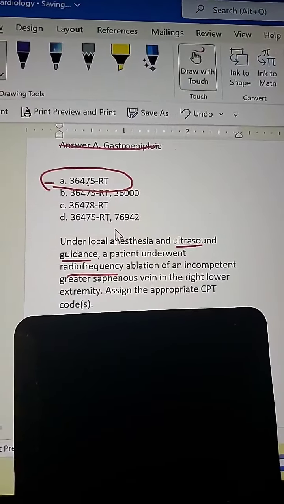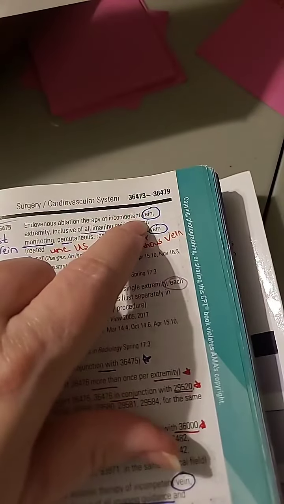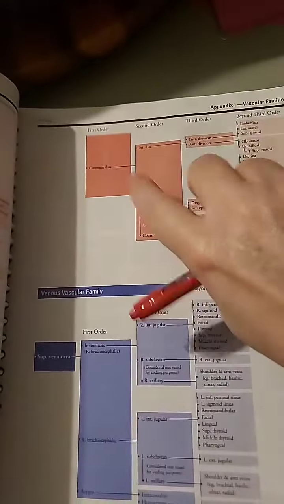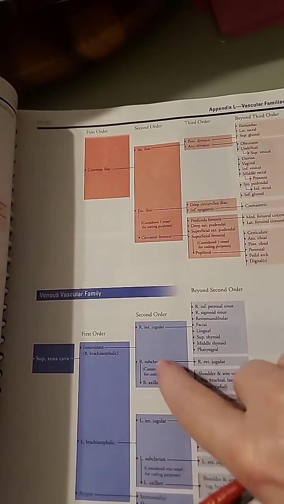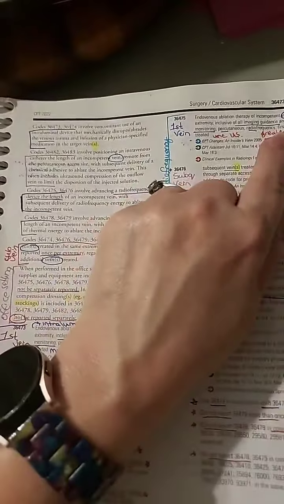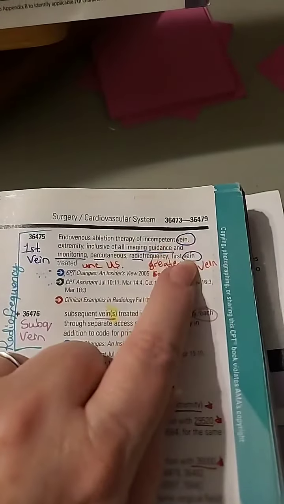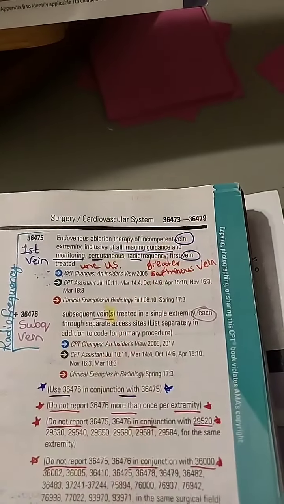And all the cardiology section, anytime they mention vein, I keep it blue and circle it blue because, in the back of the book, our Appendix L, arteries are in red, veins are in blue. So I keep my book the same. When my procedure is only in a vein, it's only marked in blue.